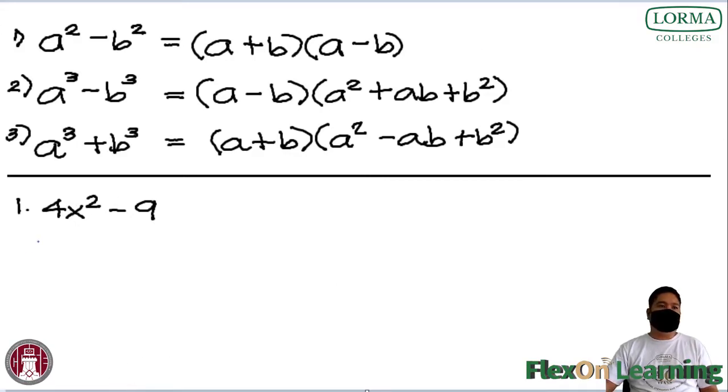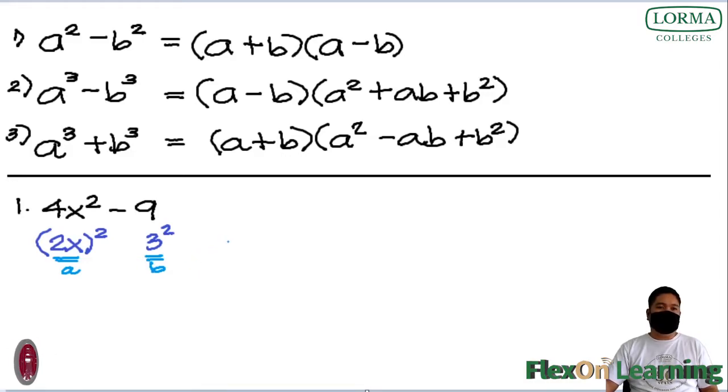If you're familiar with the laws of exponents, this is equal to 2x quantity squared, while 9 is the square of 3. So in this case, we name the 2x as your a, and the 3 as your b.